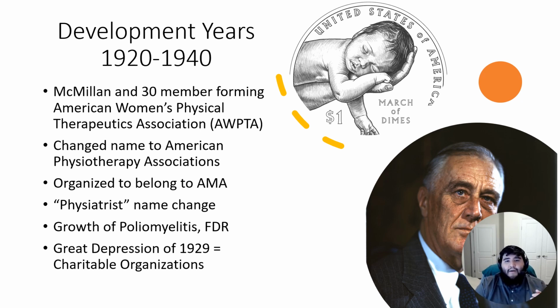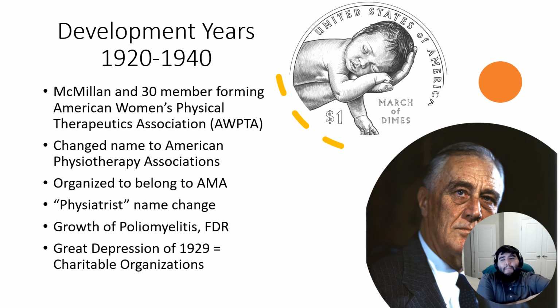Okay. Then the American Physiotherapy Association had to deal with the other major event that helped create what physical therapy is, which is the poliomyelitis epidemic, and they also had to deal with the Great Depression of 1929. The poliomyelitis epidemic started in the summer of 1916, but it continued all the way to the 30s and the 40s.